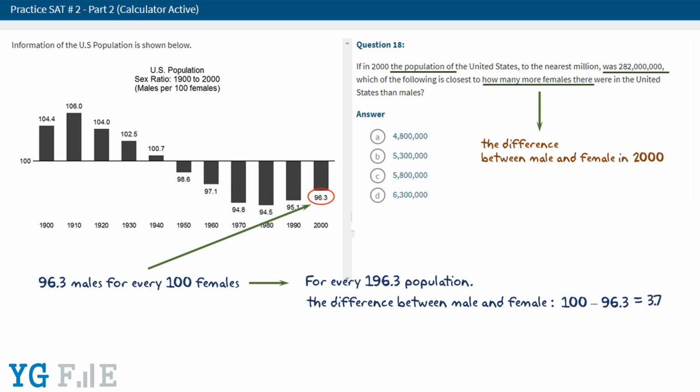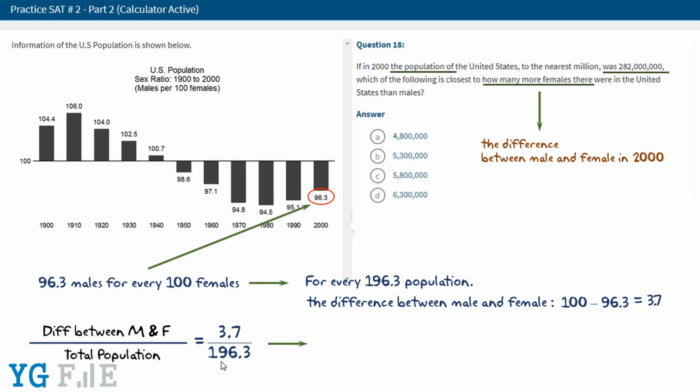So the ratio of the difference between male and female to the total population is 3.7 to 196.3. Since we are asked to calculate the difference between male and female, we can find it by multiplying this ratio by the total population in 2000.